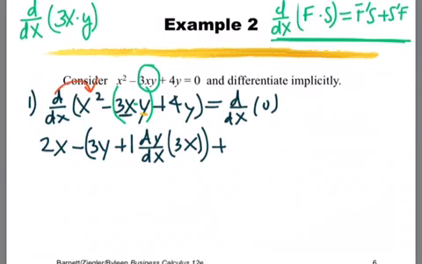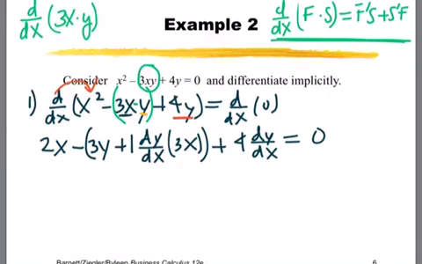Plus we want to differentiate 4y. So we're differentiating with respect to x, so we'll have 4 dy/dx equals the derivative of 0, or any constant, which is just 0.